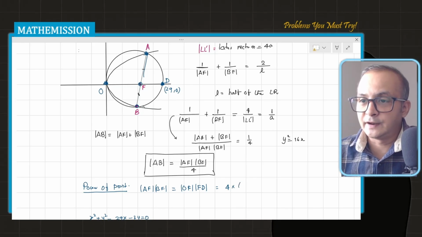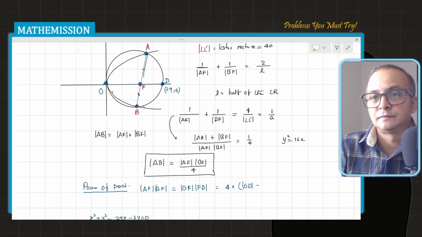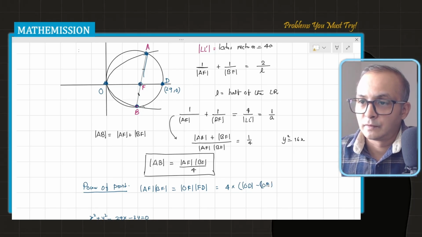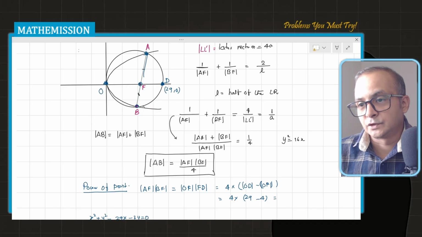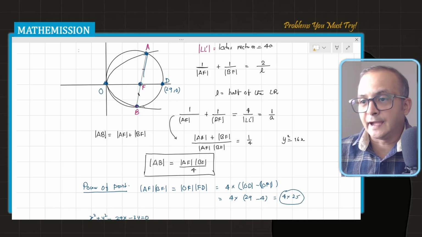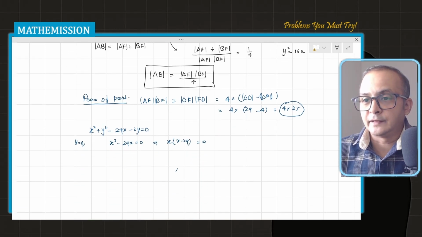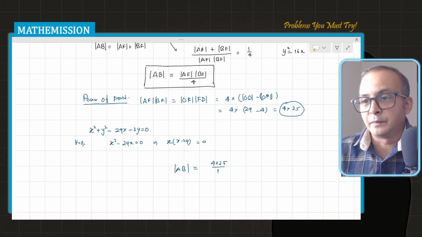The length FD is OD minus OF. OD is 29 and OF is 4, so we get 4 into 25. And I have to substitute that in place of AF into BF. Therefore the length of the chord we are looking for is 4 into 25 by 4.